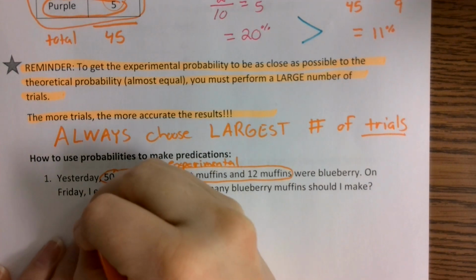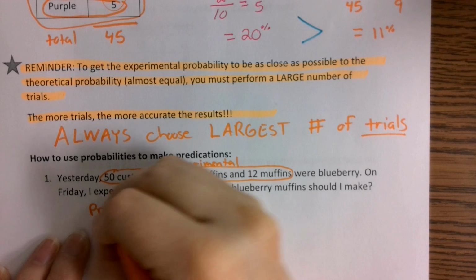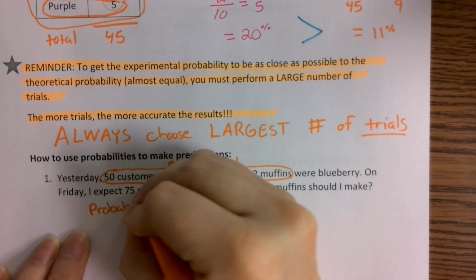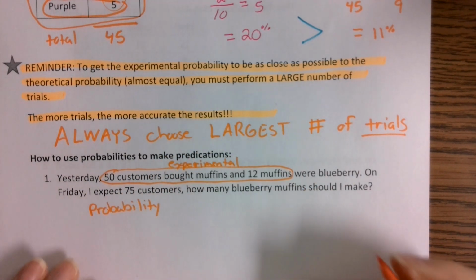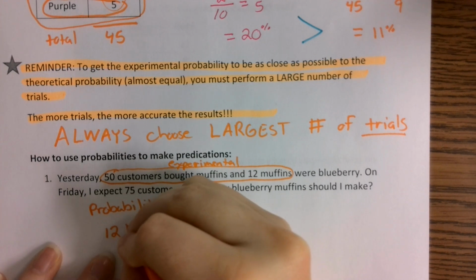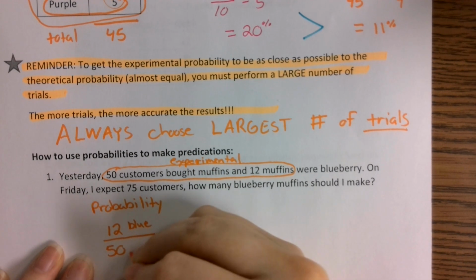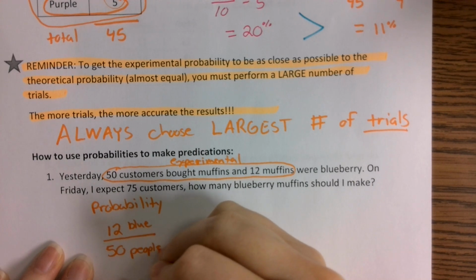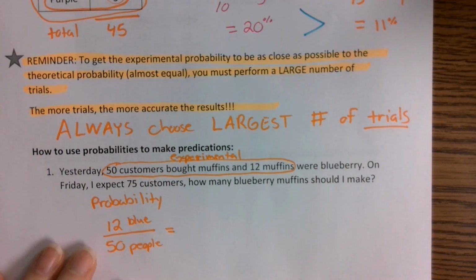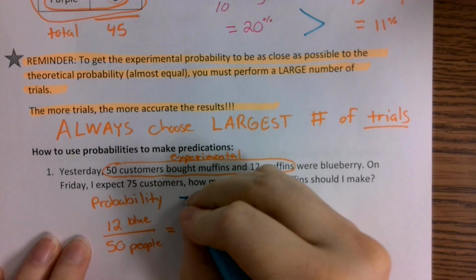Okay, so what I'm going to do is set up the probability of 12 blueberry muffins out of 50 people, and I'm going to set it equal to what we call a prediction.